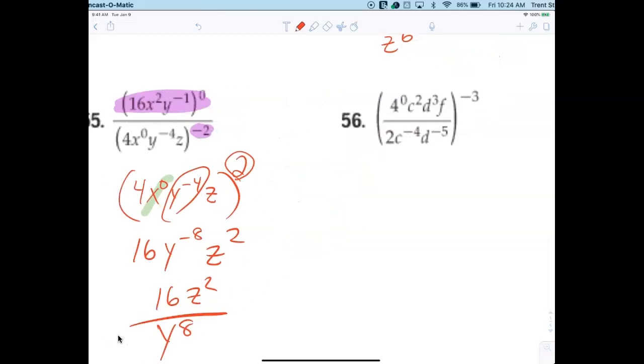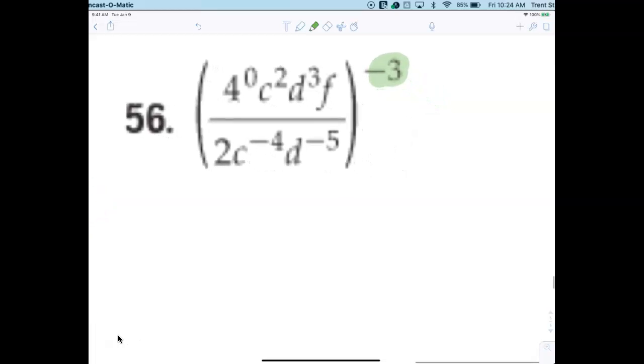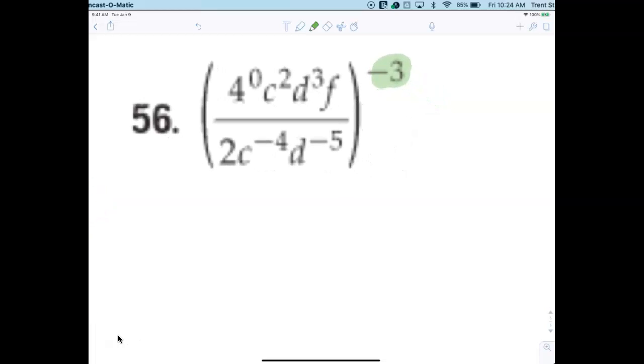Number 56. Because this is -3, Jack, what do I have to do right off the bat? Flip the entire thing and then just make it to the 3rd power. All right, so let's flip the entire thing. Don't be lazy. Do the work. Flip it yourself right now. All right, don't wait for me to do it.